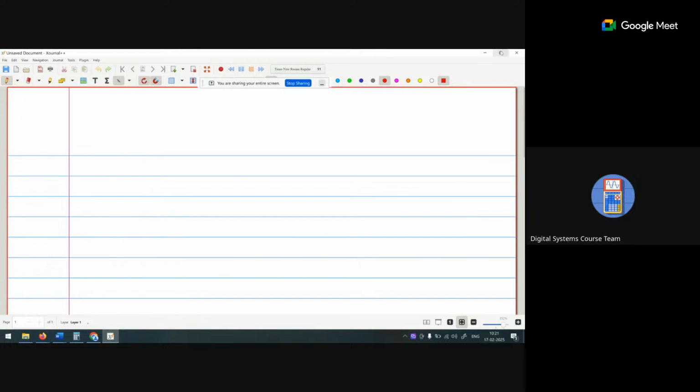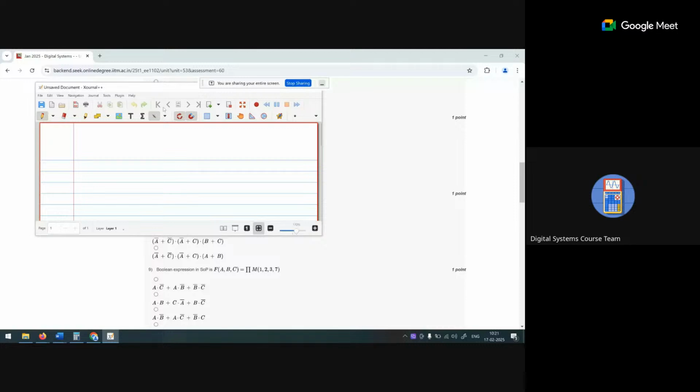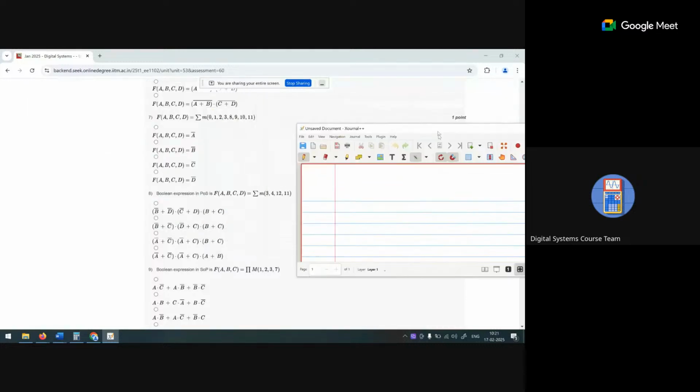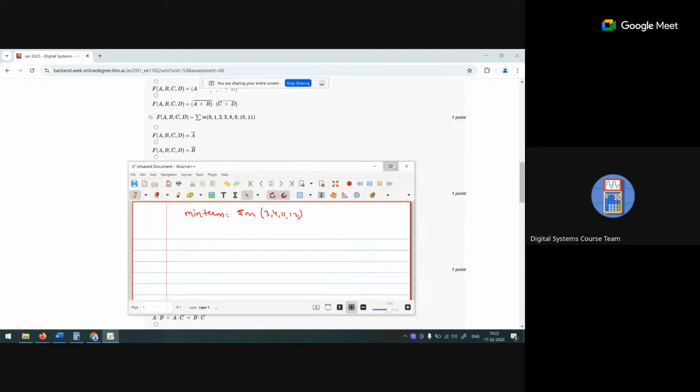So I think this is question number 8. The Boolean expression in POS is f(a, b, c, d) = 3, 4, 12, and 11. Given the min terms, that is sigma m 3, 4, 11, and 12, we have to find out the POS form.